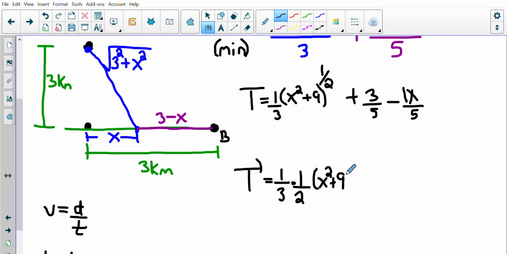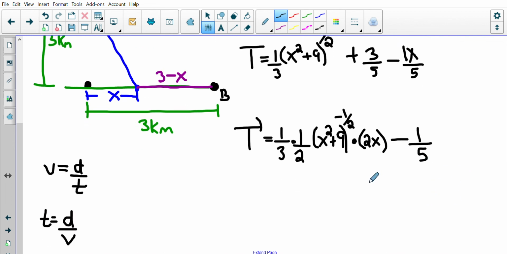Subtract 1 off the exponent, so it's going to be a negative 1/2. And then there is a function inside there, so I got to take the derivative of the inside, which is just 2x. All right, so that's the derivative of that first part. Now the derivative of 3/5 is 0. And the derivative of negative 1/5 x is just negative 1/5.